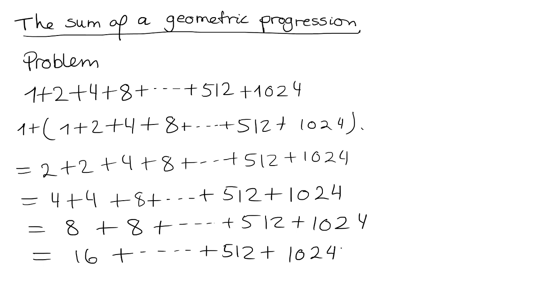So if we keep going like we have done so far, we just keep going with 16 plus 16, 32 plus 32, until the sum is two of the same numbers added together, until the sum equals 1024 divided by 2.